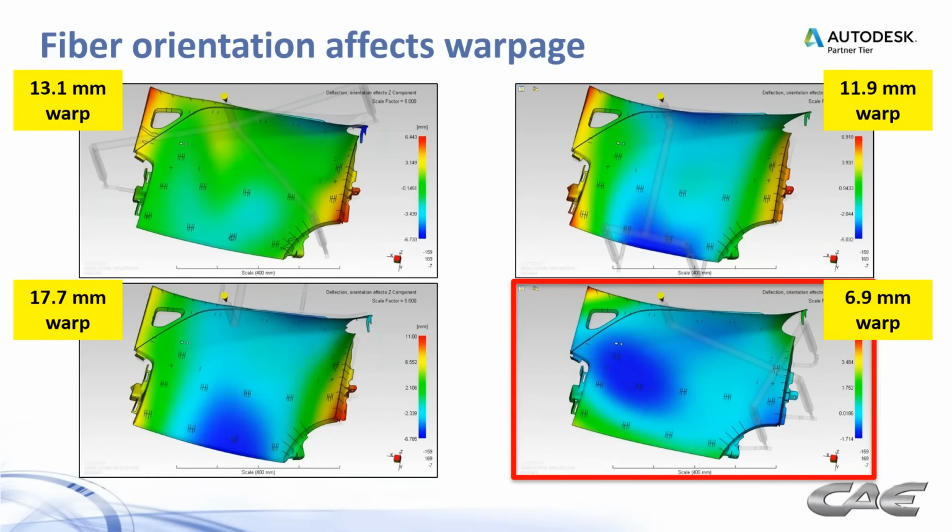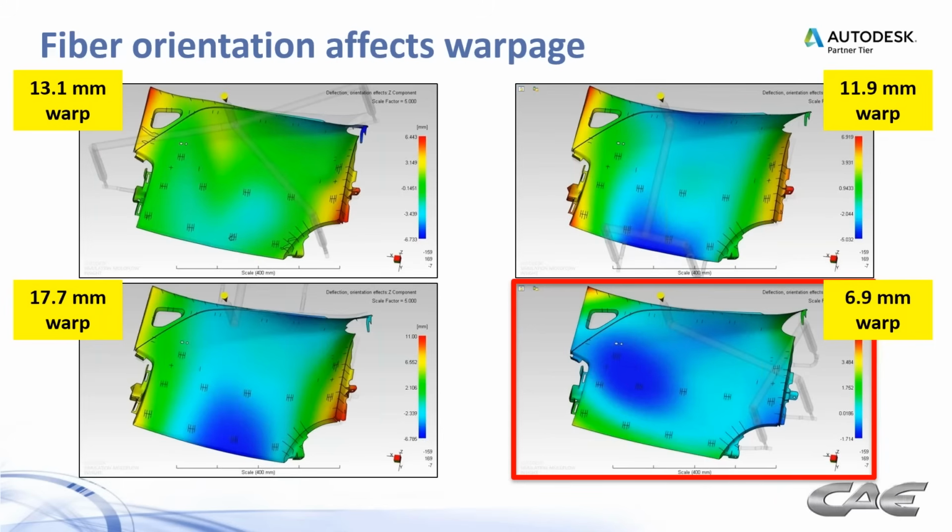We were not allowed to direct gate this. So you can see we kind of covered all of our bases in terms of all the different ways to gate this, and still ended up with almost 7 millimeters of warpage, right? So it's really important to understand that there are many cases where you can reduce warpage and still get a fair amount of warpage. And then we'll talk a little bit later about what do we do then.